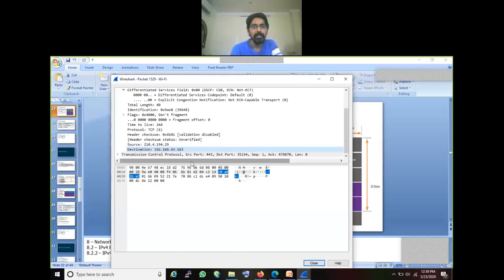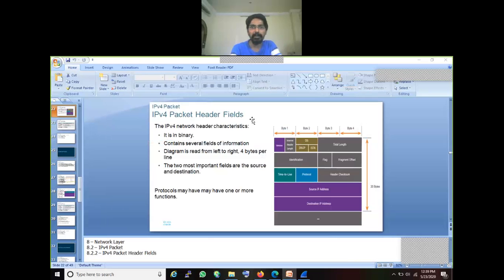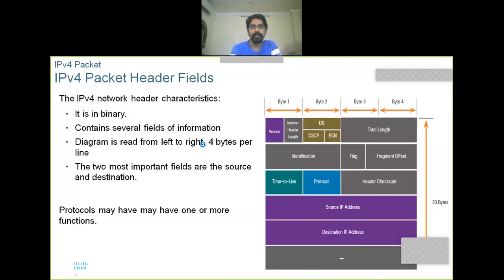That means this packet is downloading some data from the internet, because the destination is my system and I am getting the data from the remote system 210.4.194.29. This is the way we need to observe the IPv4 header fields, right?